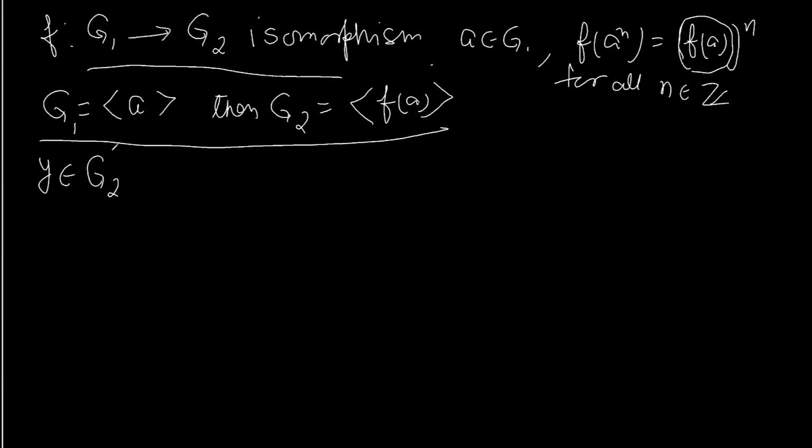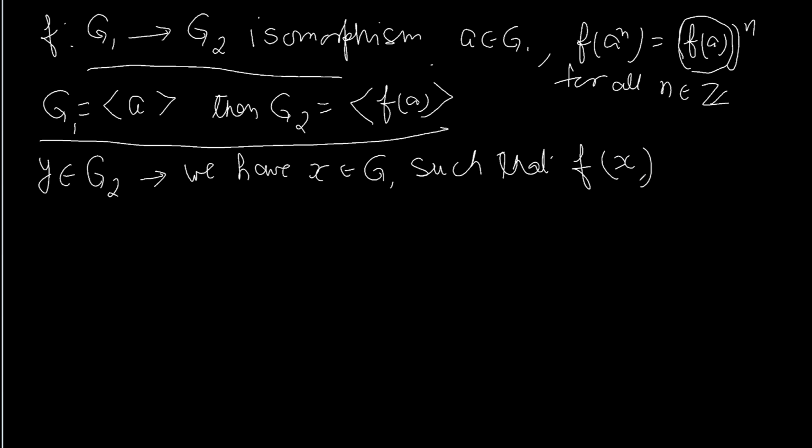So if I take any y in G2, that means we have an x in G1 such that f of x is y, right? Because our map is an onto map. Now, since G1 is cyclic, x belongs to the cyclic group generated by A. So x equals what?